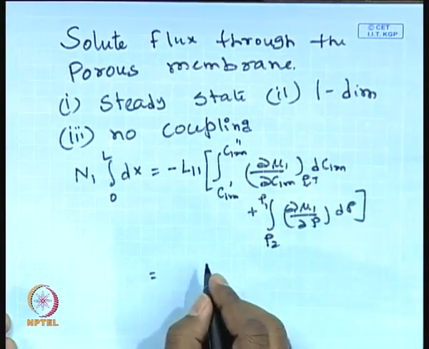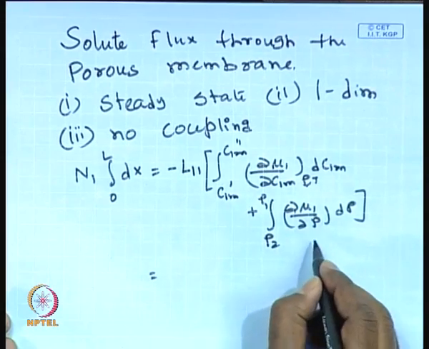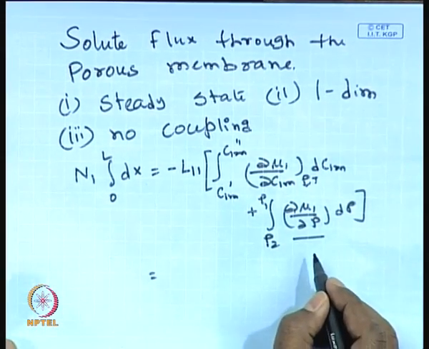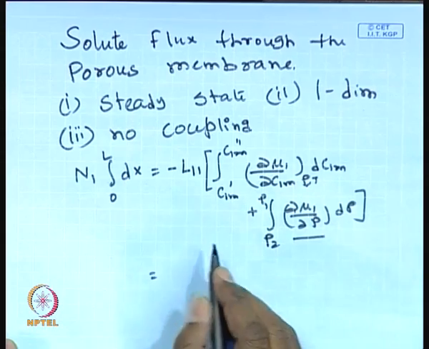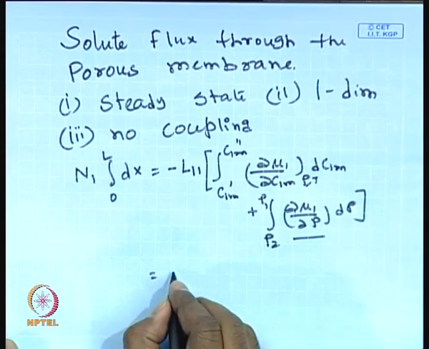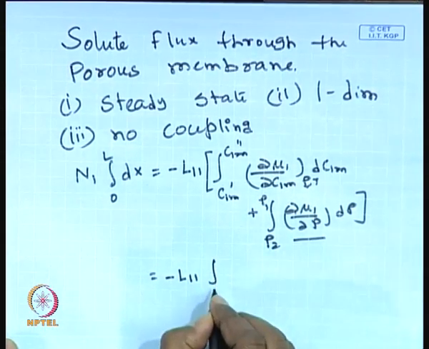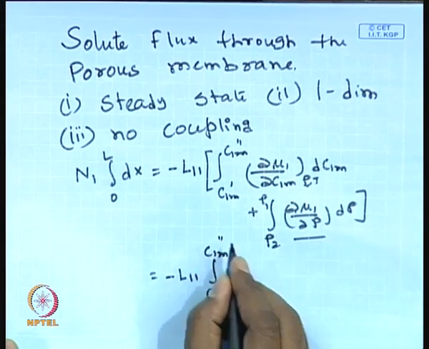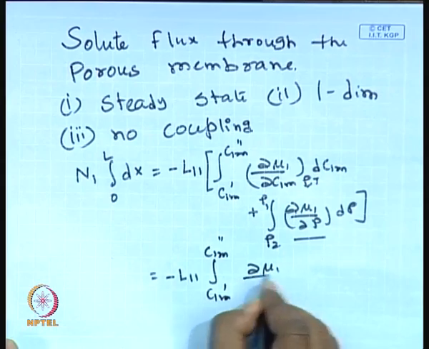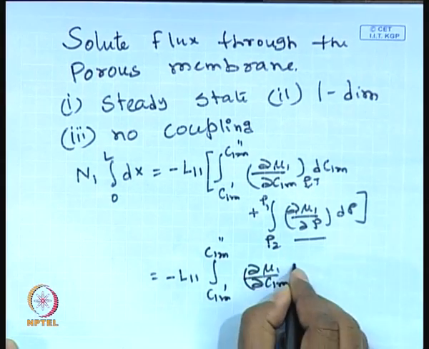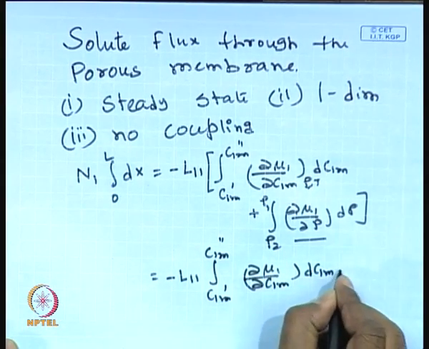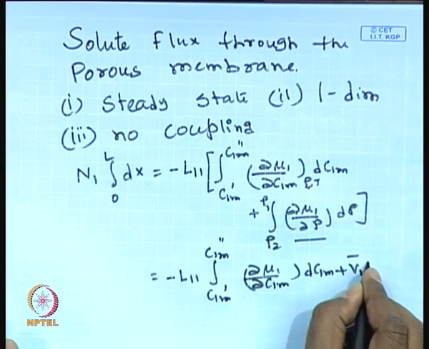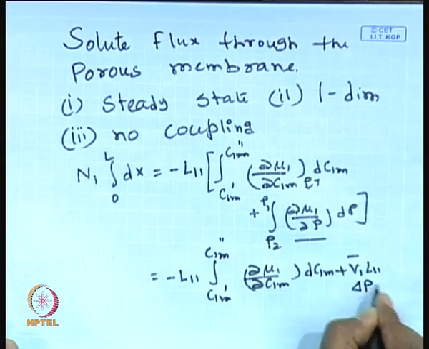Now we will invoke the definition of partial molar volume and put it here. So, we get minus L11 integral from C1m prime to C1m double prime of del mu 1 del C1m dC1m plus V1 bar L11 delta P.